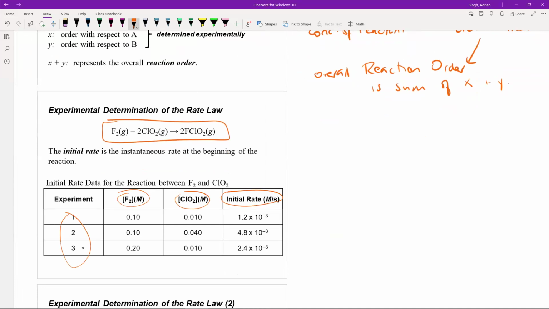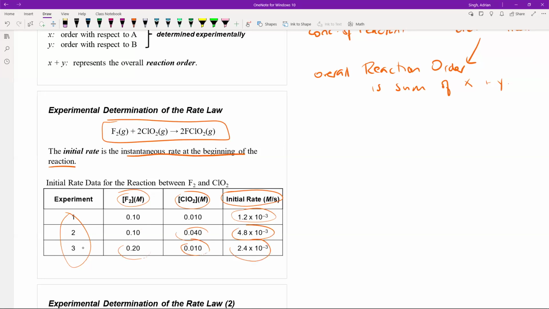Remember, the initial rate is just the instantaneous rate at the beginning of that particular reaction. In experiment 1, we have 0.1 molar F2 and 0.01 molar ClO2, and we measure the instantaneous rate. In experiment 2, we keep the F2 the same, vary the ClO2, and measure the rate there as well. Then in experiment 3, we double the F2, keep the ClO2 the same compared to experiment 1, and we record the rate there as well.